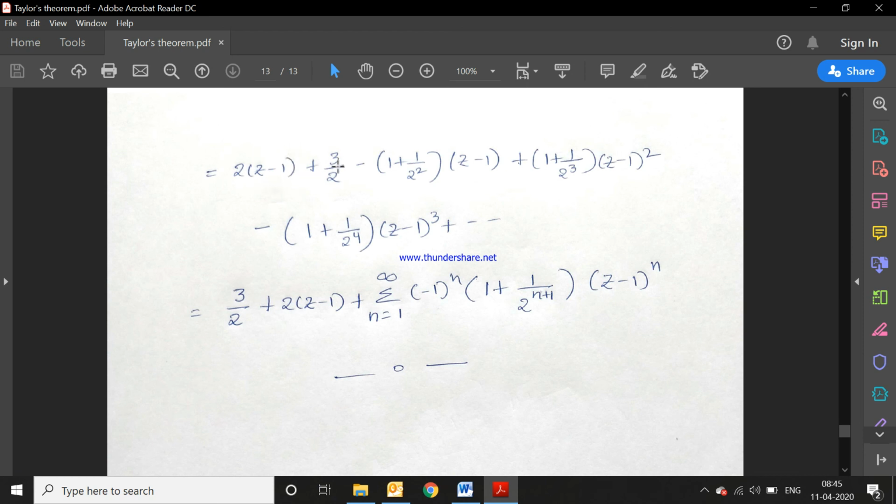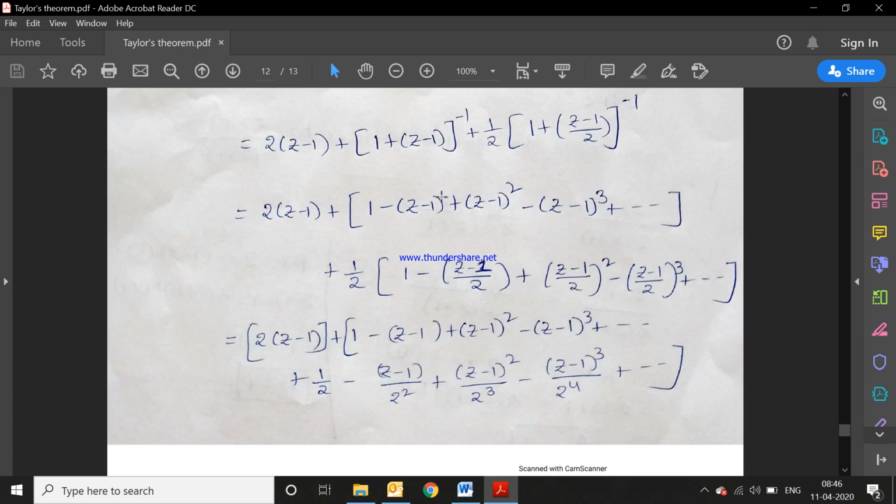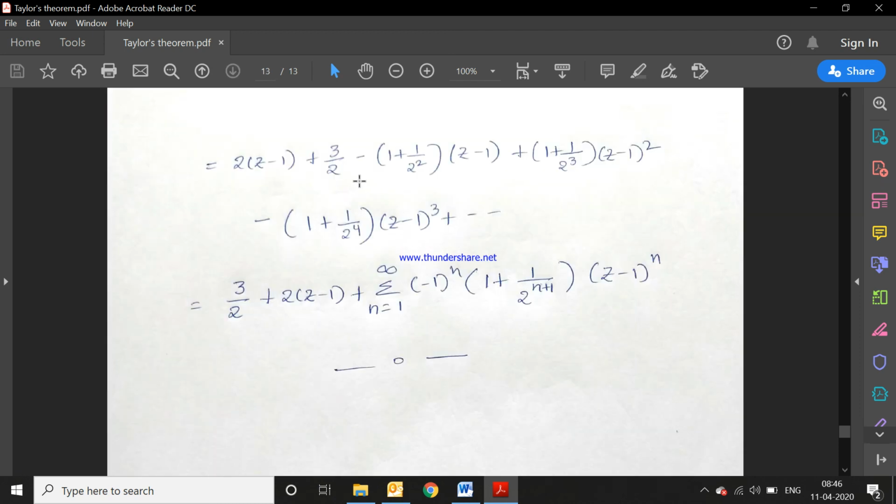Plus, from the first two terms, 1 + 1/2 is 3/2. Minus, from these two, (z − 1) common and minus also common. The remaining is 1 and here 1/2 squared. That's why I write (1 + 1/2^2)(z − 1).